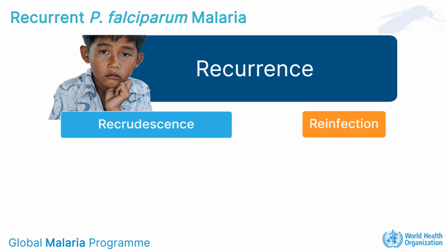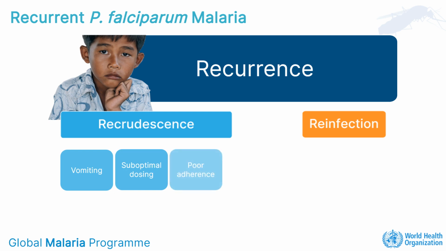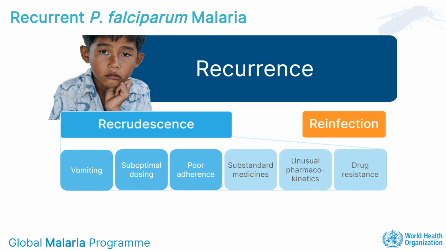The most likely reasons for a recrudescence or treatment failure are vomiting the medicines before absorption, suboptimal dosing, that is, not prescribing the right dose for the weight or age of the patient, and poor adherence to the full treatment course. Other, but less likely causes of recrudescence are substandard medicines, unusual metabolism, and drug resistance.